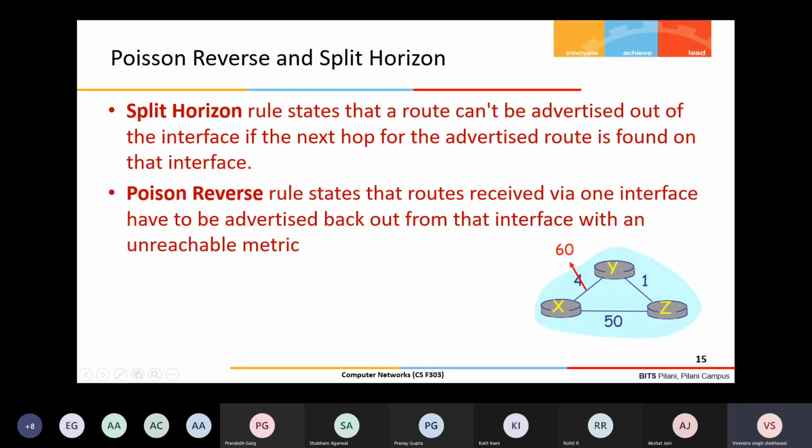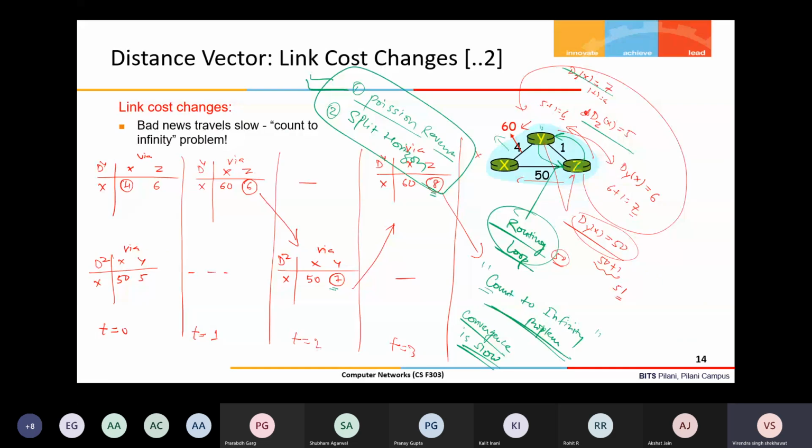We have discussed in the previous class how the distance vector routing algorithm works, and we have also seen that there is a problem in distance vector routing. If you remember this slide, this problem is the routing loop problem, also called the count to infinity problem.